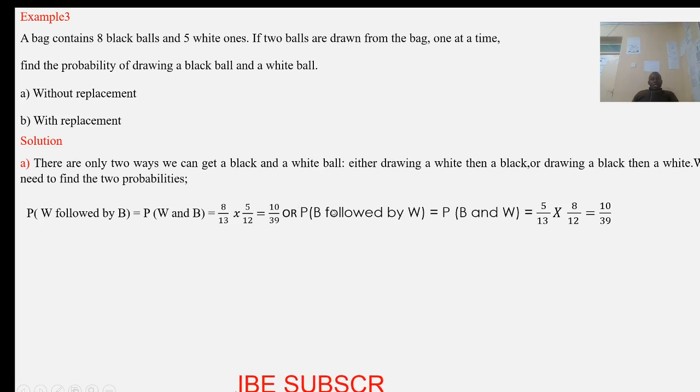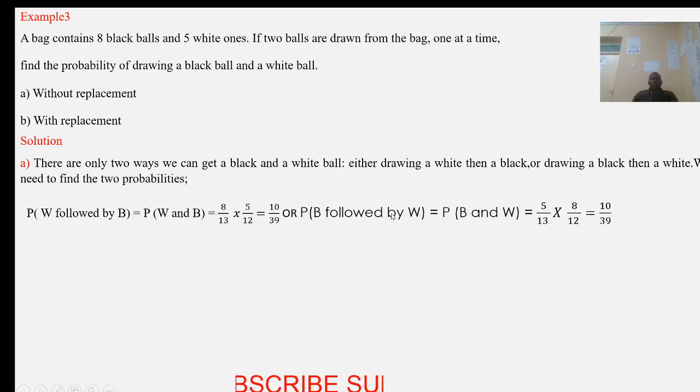Or the probability of black and white: black is 8 over 13 times white 5 over 13, which also gives you 10 over 39.